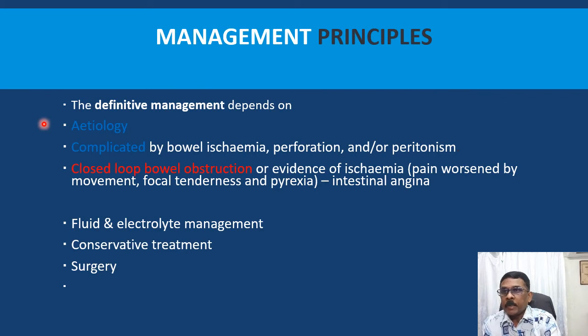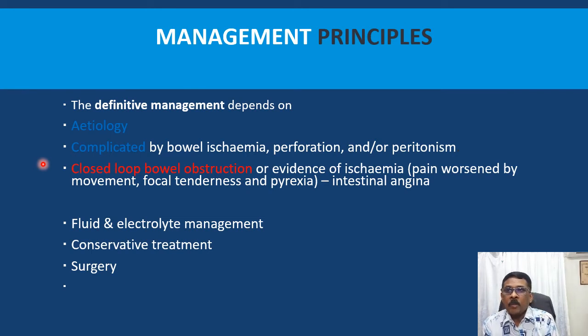And the complications that develop, that's another factor that we have to consider. The complications we are talking about here are bowel ischemia, perforation, and peritonitis. Then another factor to consider is the loop type of obstruction. Is it a closed loop obstruction or an open loop obstruction?